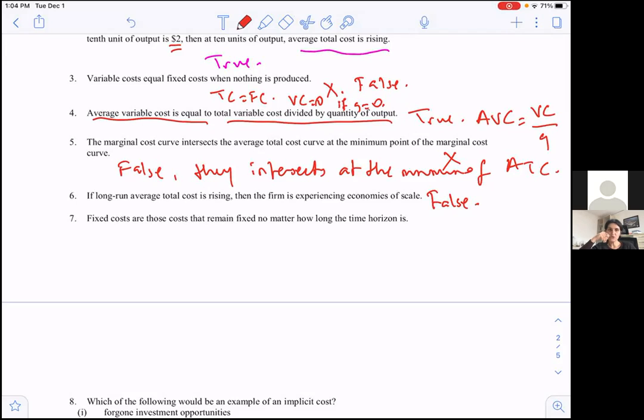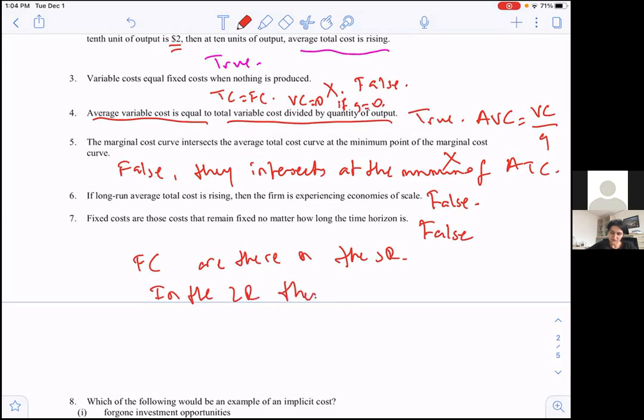Fixed costs are those costs that remain fixed no matter how long the time horizon. False. What we said, fixed costs are there in the short run. In the long run, there are no fixed costs.